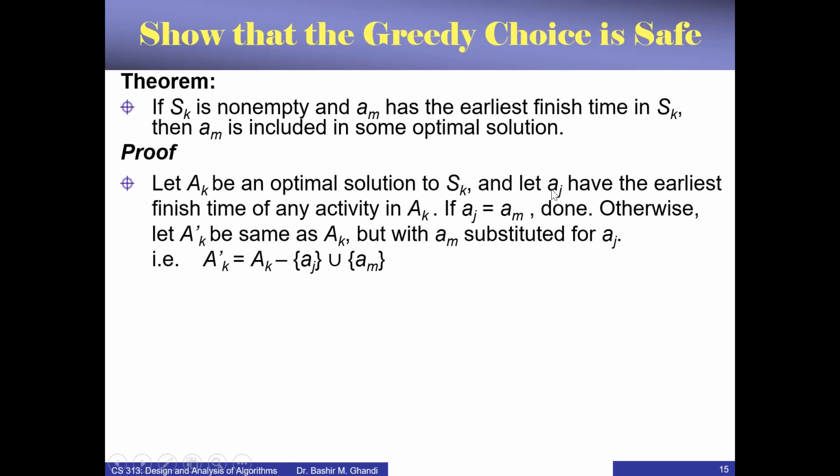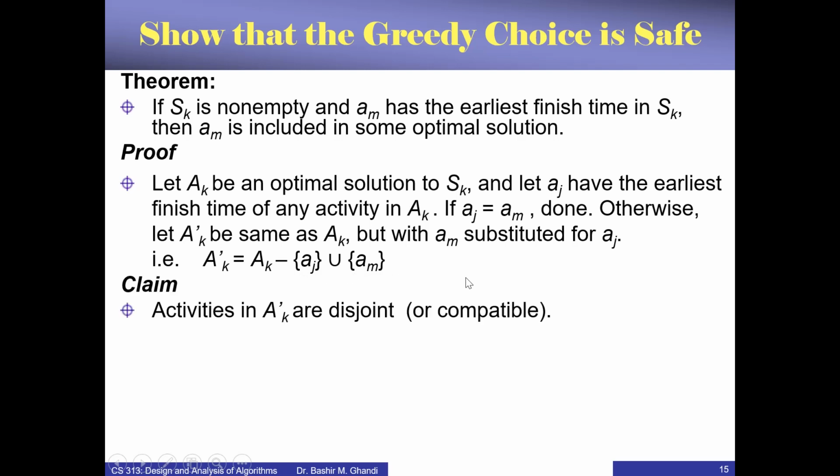So suppose we replace that AJ with AM. It means our new subset A prime K will be the original optimal subset AK minus the AJ, but plus AM. We are substituting AJ with AM.